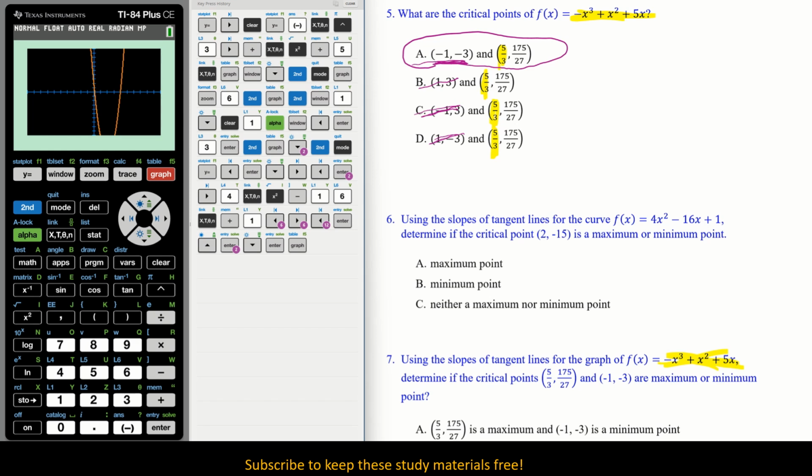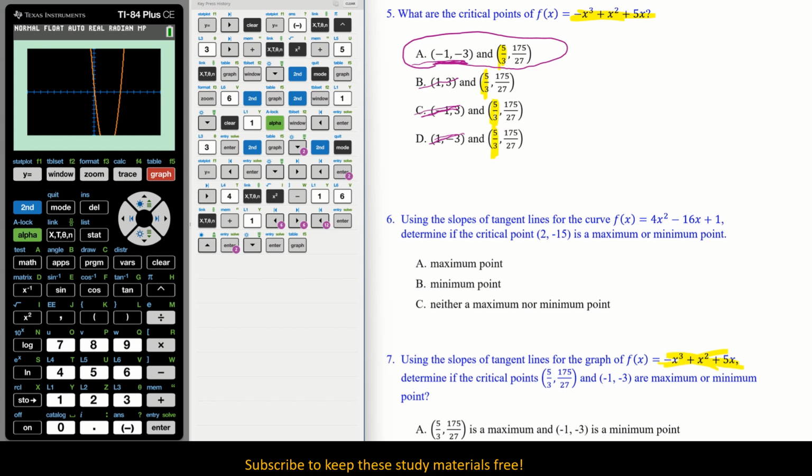It says using the slopes of tangent lines for this curve, determine if the critical point at 2, minus 15 is a maximum or a minimum point. I'm not doing that, I'm just going to be honest with you.